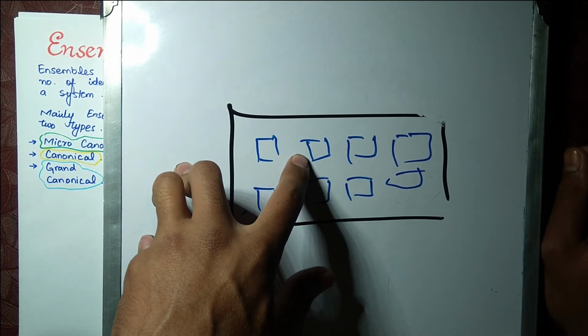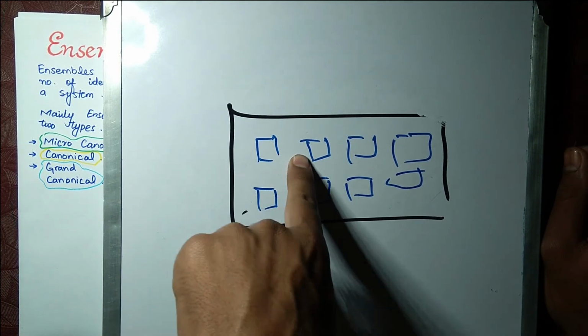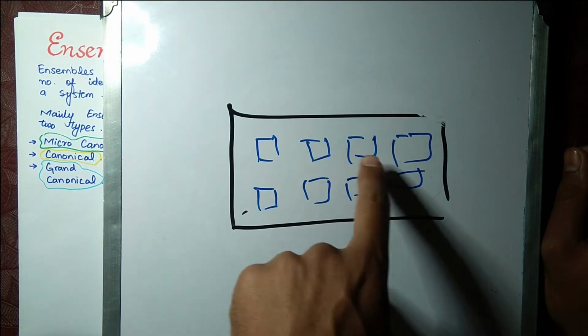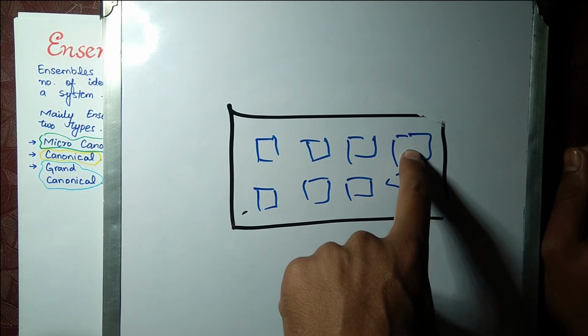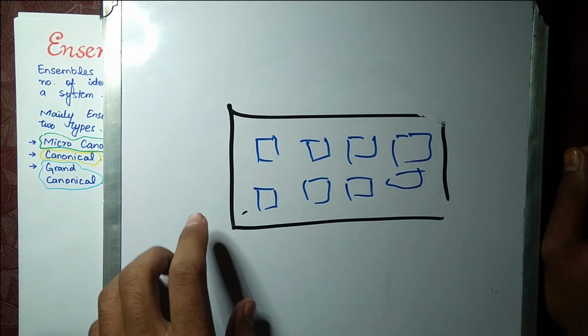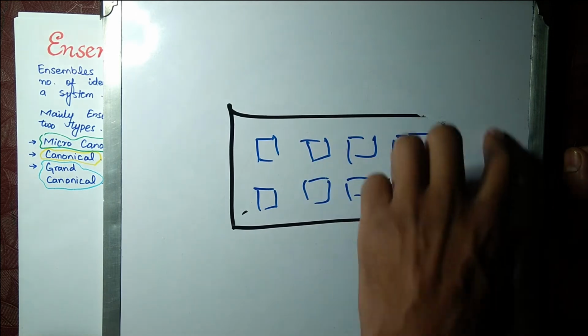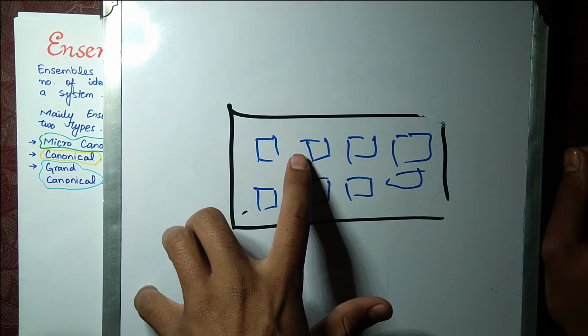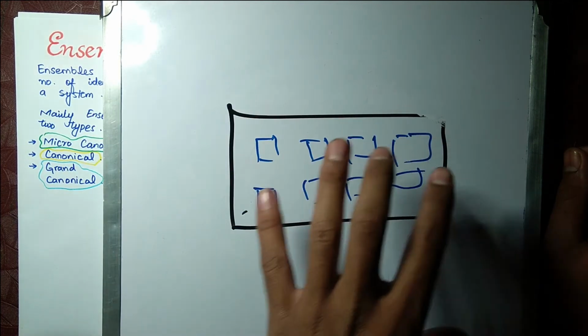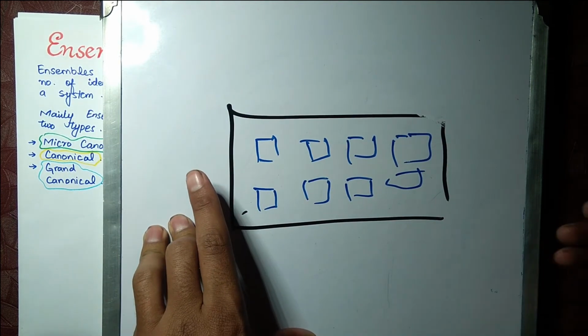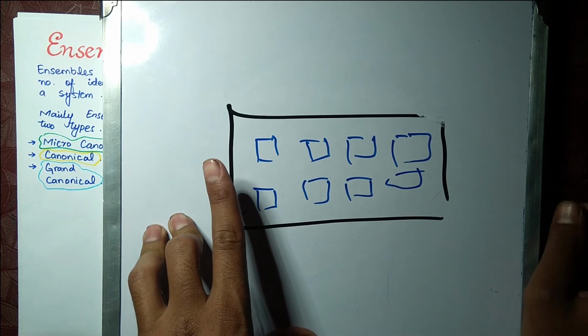Any number means that any student can sit on this chair, or on this chair, or on this chair. From that analogy we can say that this chair is an ensemble. This is just like this one, this one, this one. They all are virtual copies, or in the case of the chairs they are real copies.